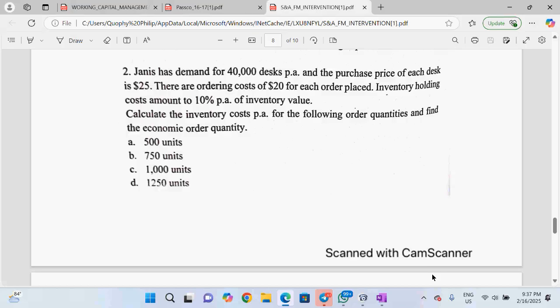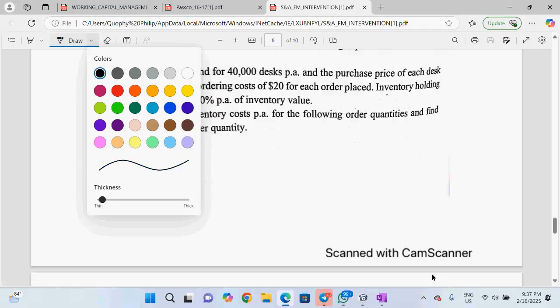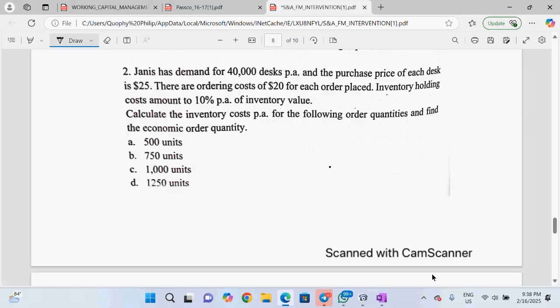All right. So with this, let's try to identify the elements. What is the annual demand here? They have a demand of 40,000 desks per annum. Then we have the purchase price.